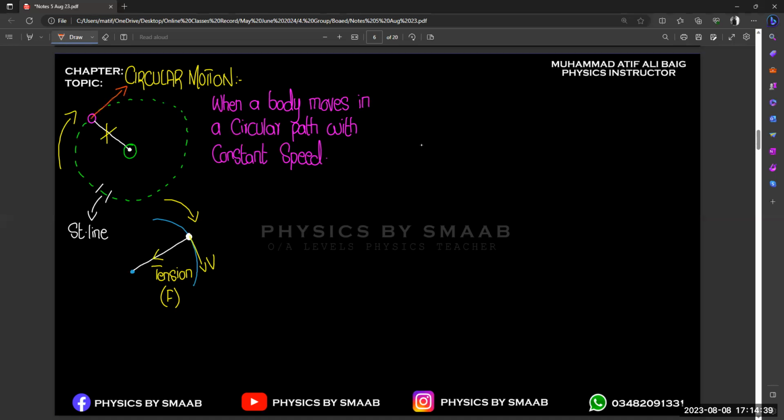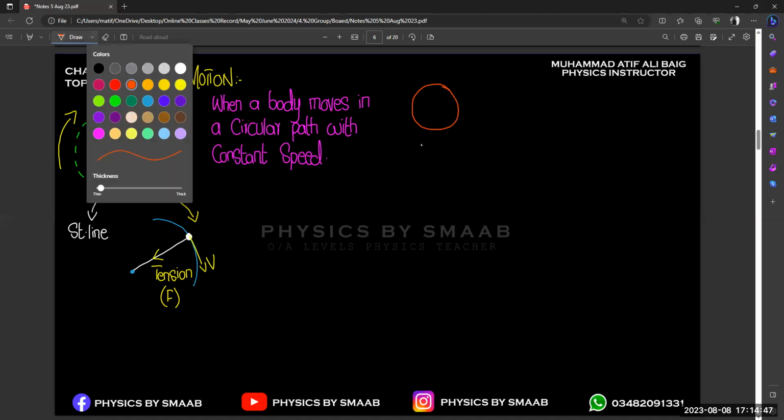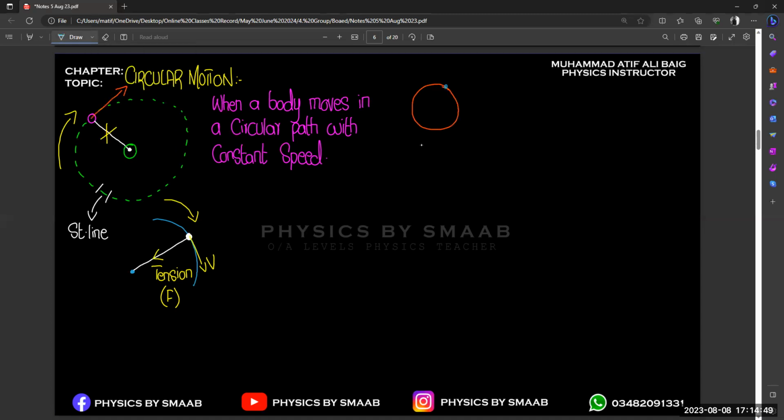So let's suppose we consider a circle. In any circular path, if the body disconnects from the string, it will always move tangent to the circle, right?